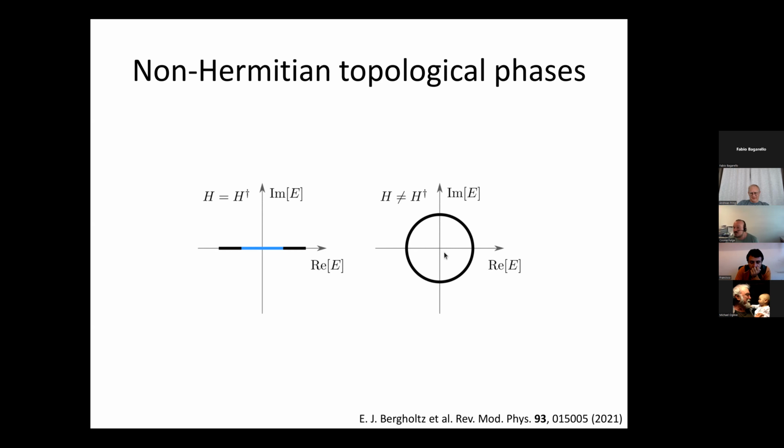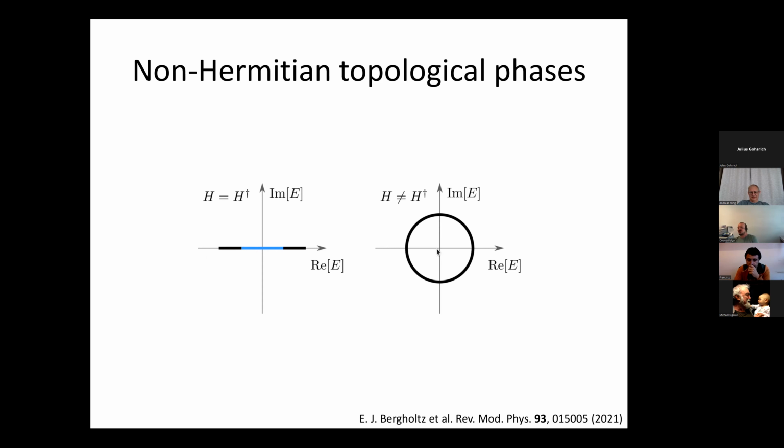And if I want to move from this region to somewhere at some large value outside of the circle, I can only do this by crossing the spectrum. Just like here, I could only go on the real axis through a band, if I wanted to move from below this valence band to above it.